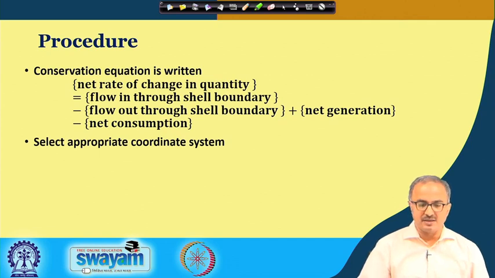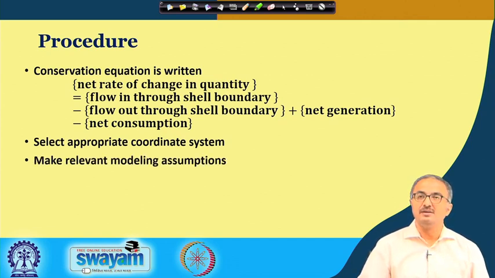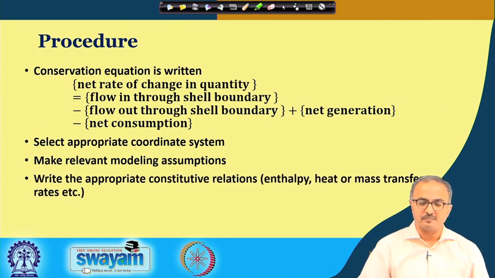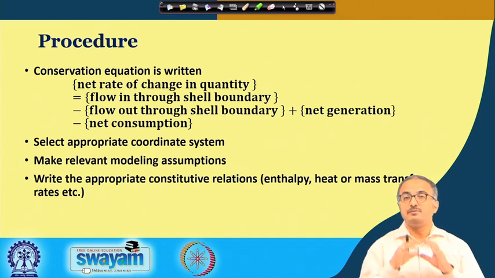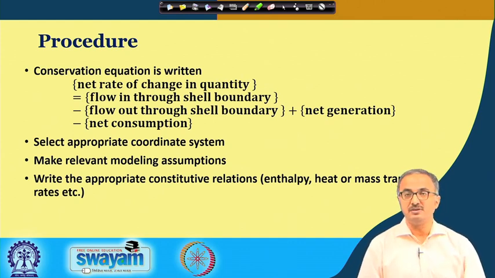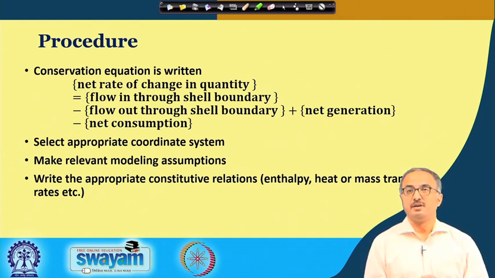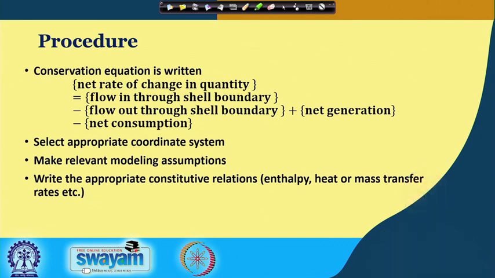Then after selecting the coordinate system, make the relevant modeling assumptions, and I will talk about the assumptions later on. And then the model equations are based on some conservation laws. Now that is not enough, and we have seen that when we were doing the macroscopic balances.